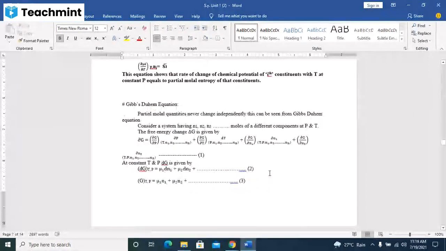Now derive the Gibbs-Duhem equation. This is again a popular question in the subjective pattern of the examination. Partial molar quantities never change independently. This can be seen from the Gibbs-Duhem equation.